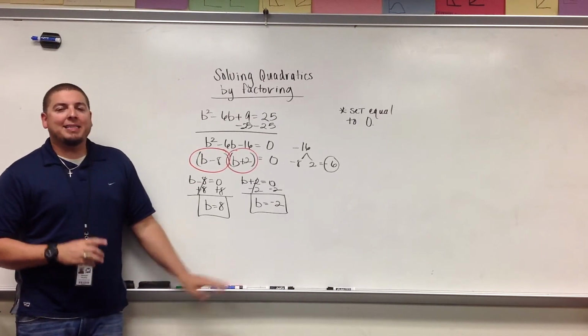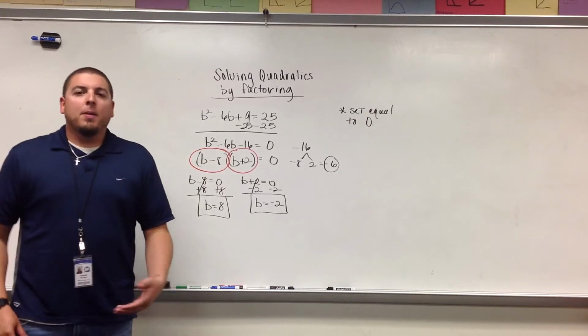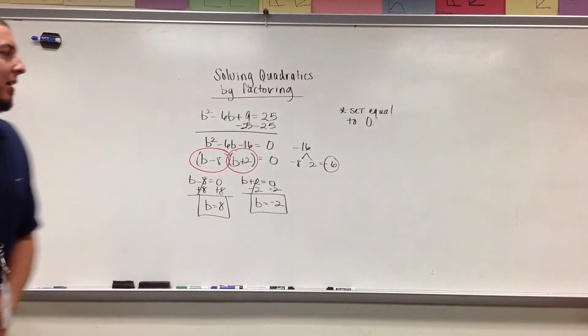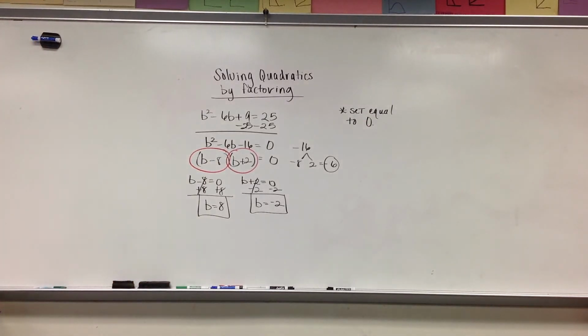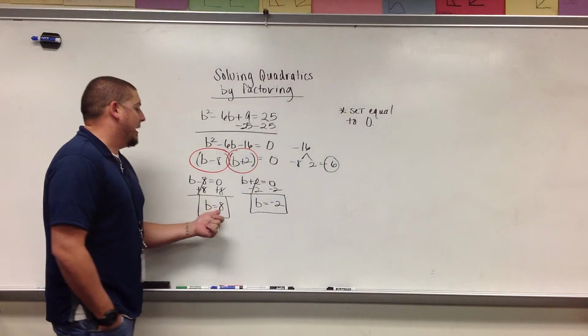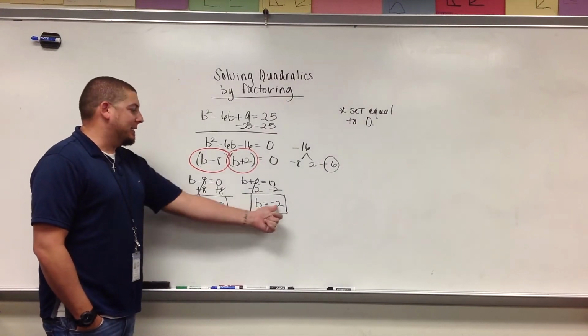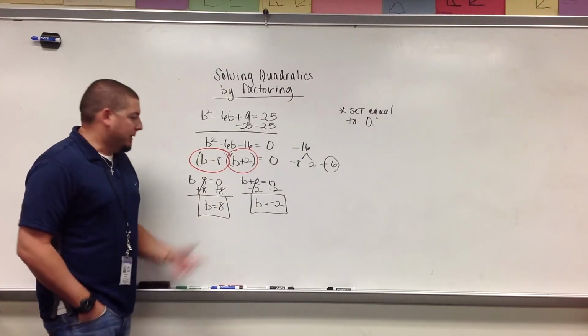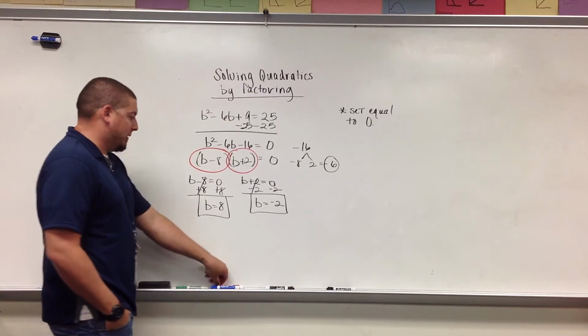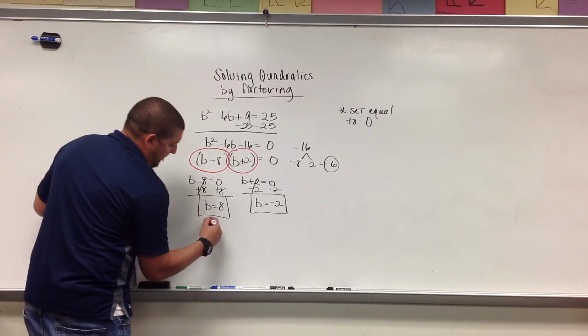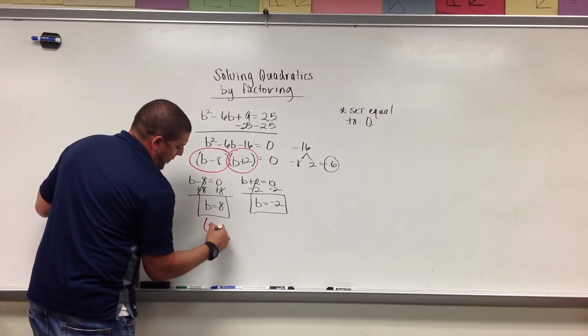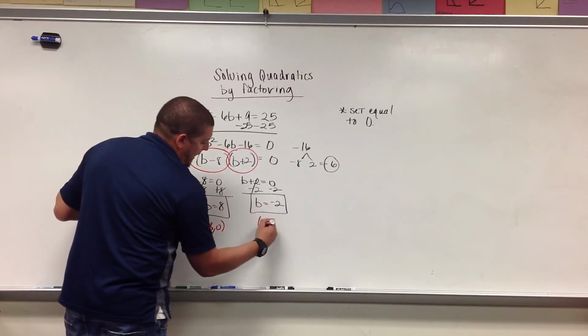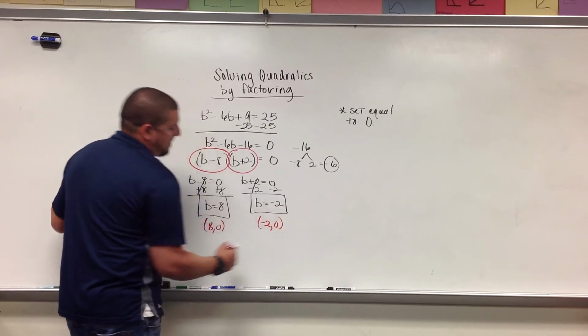If I wanted to check this, I could plug that into my graphing calculator and see on my graph where the parabola is crossing the x-axis, and I will see that it's crossing where x is 8 and x is negative 2. And these are points. If I ask you for the points, the point would be 8 over, 0 up, and on this one the point would be negative 2 over, 0 up.